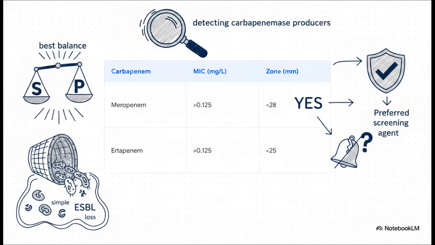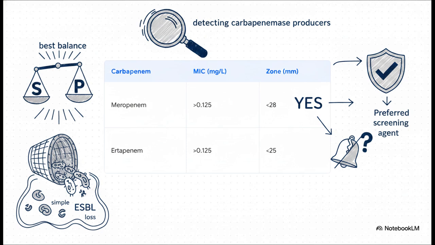When we're hunting for carbapenemase producers, the guidelines highlight a fascinating diagnostic trade-off between two drugs, meropenem and ertapenem. Meropenem hits the sweet spot. It's the best balance of sensitivity and specificity. Basically, an MIC greater than 0.125 milligrams per liter or a zone diameter less than 28 millimeters and your alarm bells should be ringing.